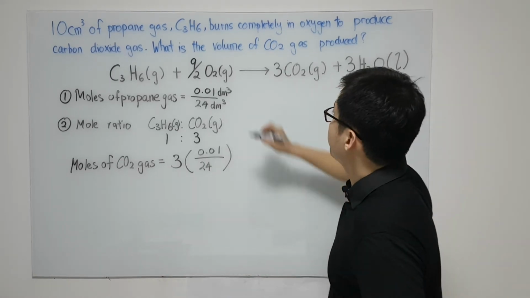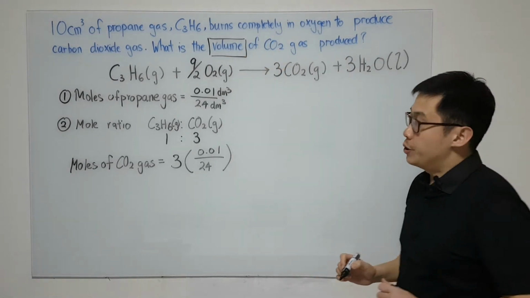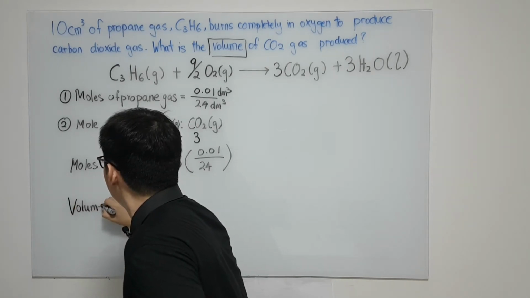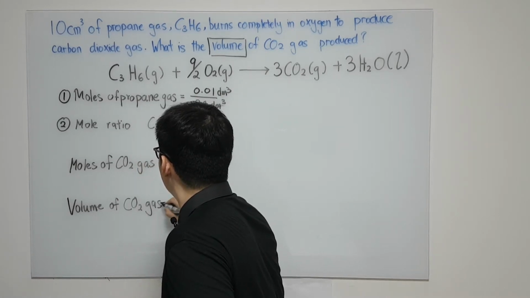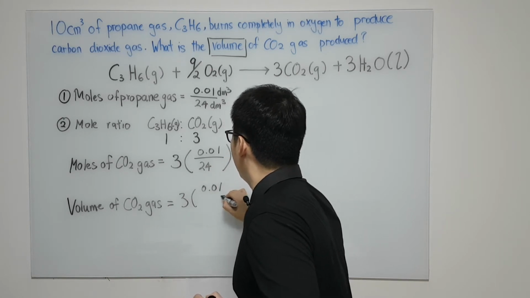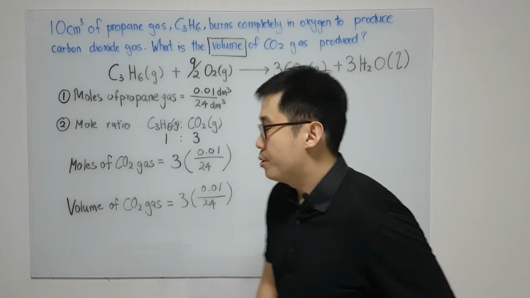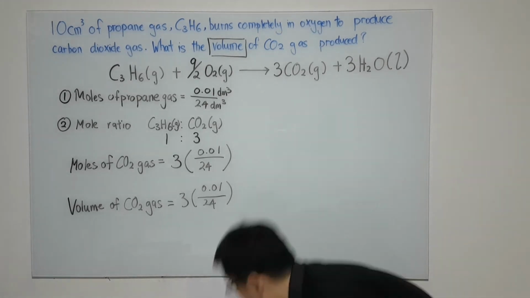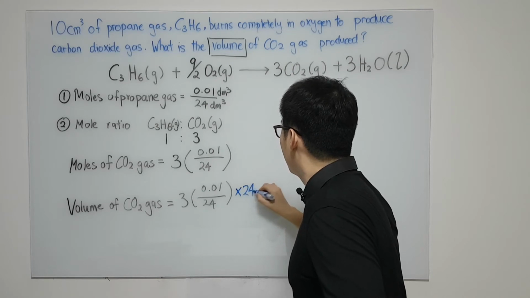But the question wants the volume of CO2 gas. So in order to find the volume of CO2 gas, it will be 3 times 0.01 divided by 24, and then I will have to multiply this by 24 dm cube.